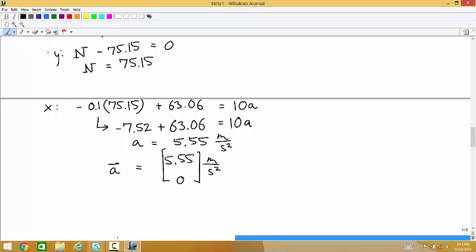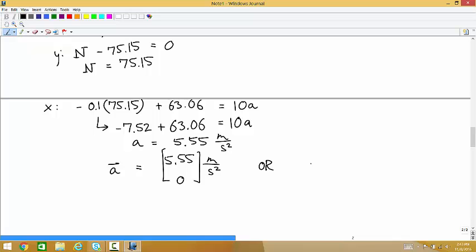Okay, well, that's the acceleration vector. That's in the positive x direction, and x was going down the incline.